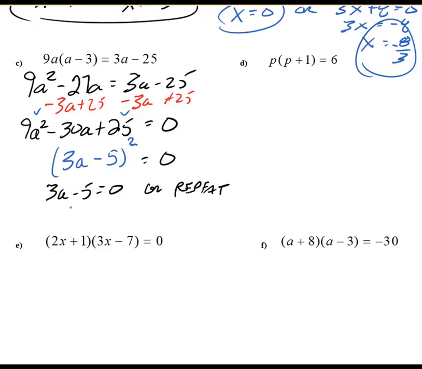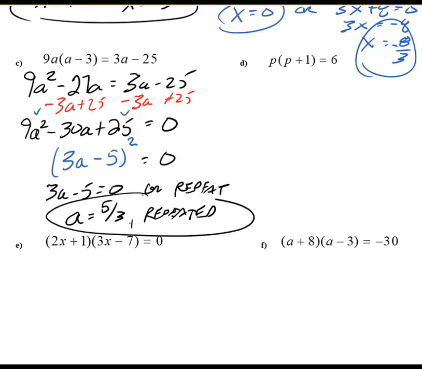So since it's squared, when we solve, we get a equals 5 thirds, so adding 5 and dividing by 3. And this a equals 5 thirds would be a repeated solution. So again, we'll talk about why it's repeated. Our factor is squared, so we get two of the same values.